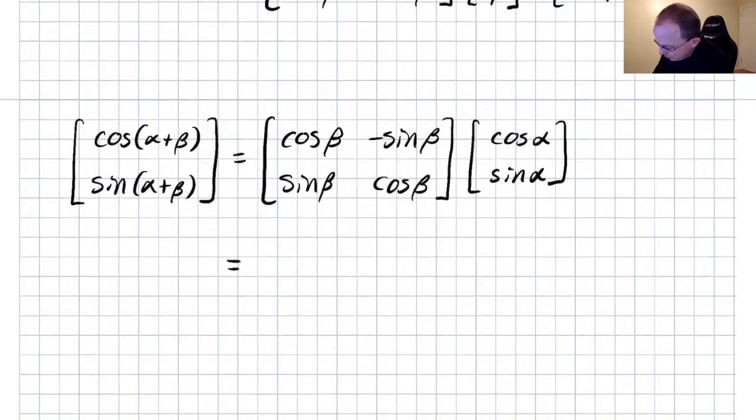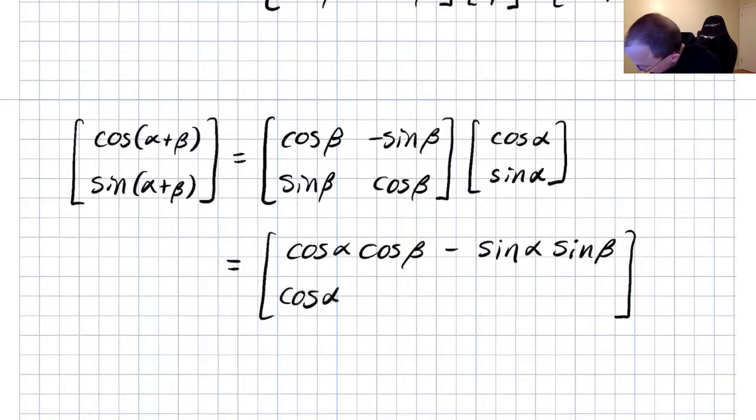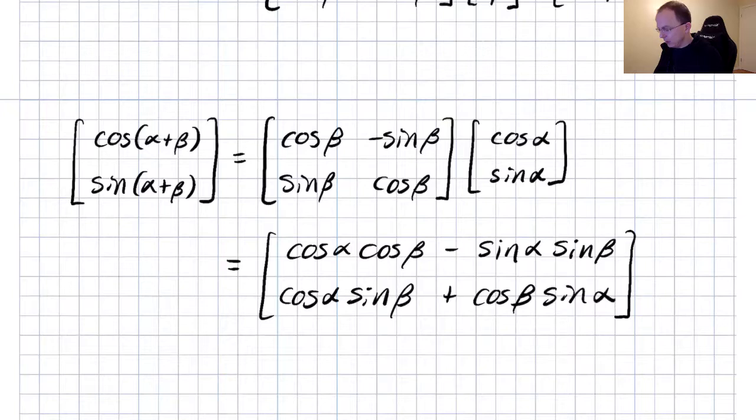And when we multiply this out, what do we get? We get cosine alpha cosine beta minus sine alpha sine beta. So that's the first entry. And then the second entry will be cosine alpha sine beta plus cosine beta sine alpha. So that's it.